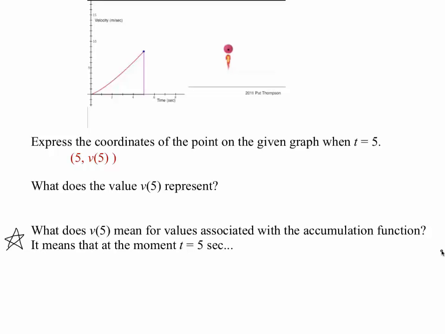Okay? What does the value v of 5 represent? How about somebody new? Yes, sir? The acceleration. V of 5 is the acceleration. Agree? No. How about right here? The rate of change at the moment 5 seconds. Rate of change of what?